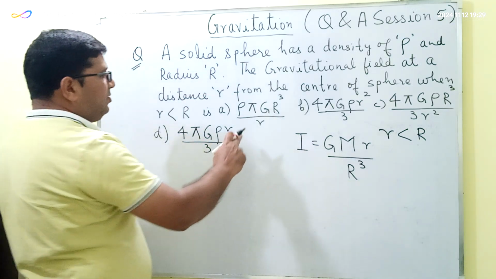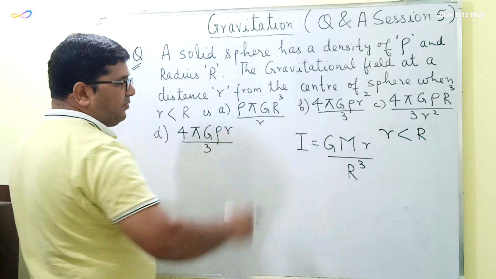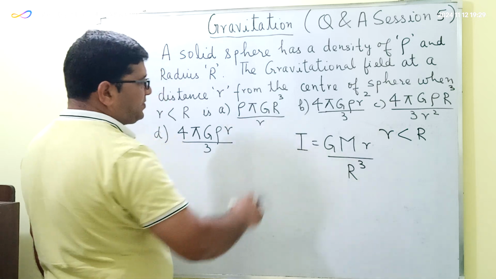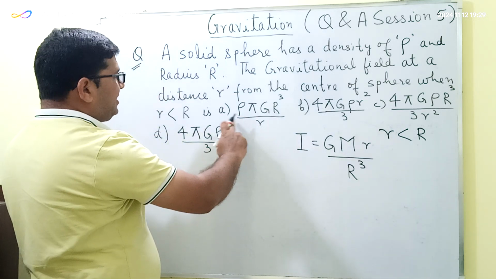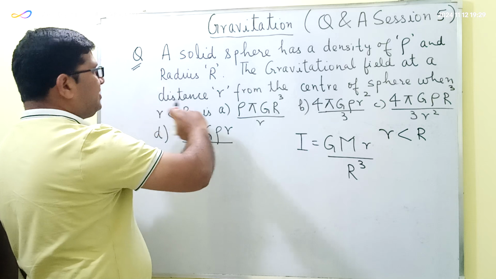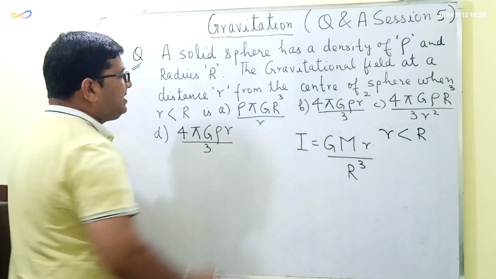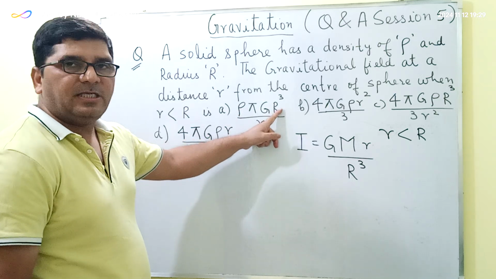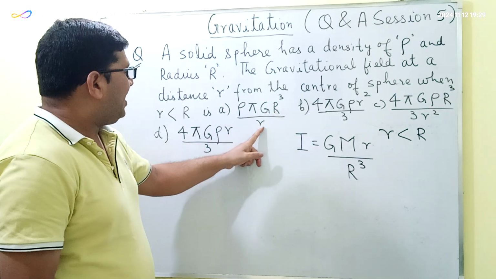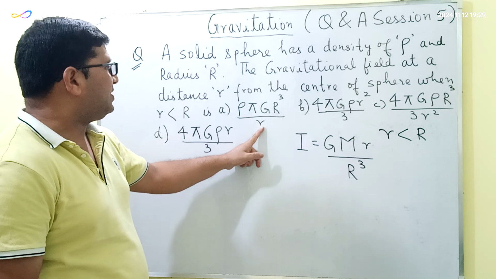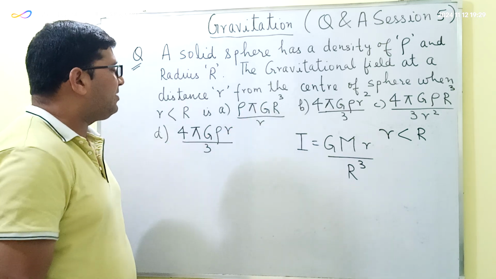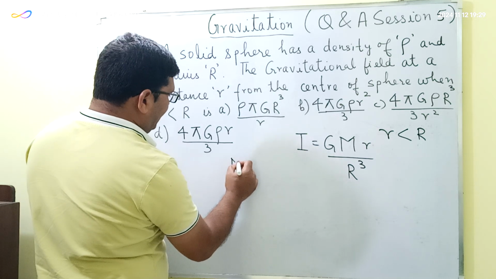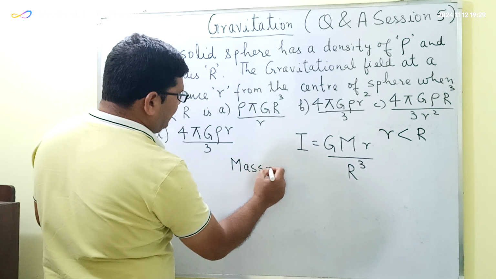Now here we have to find the correct option out of these 4. Since from these 4 options we can see that the answer is given in terms of the density, the radius of the sphere and the distance of that point from the center of the sphere, and G is the gravitational constant, I will be using the formula that mass is equal to density into volume.